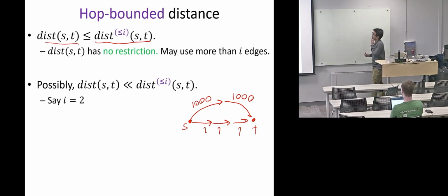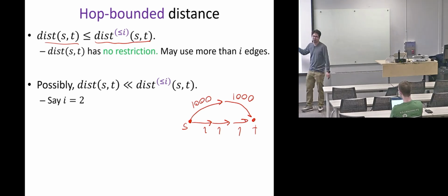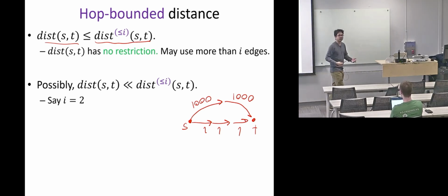The shortest path is obviously this one, but it uses 3 edges. If you are allowed to use at most 2 edges, then you need to go through this, which is far worse.